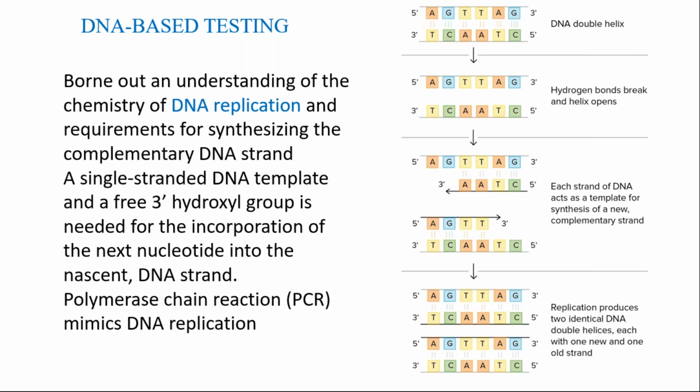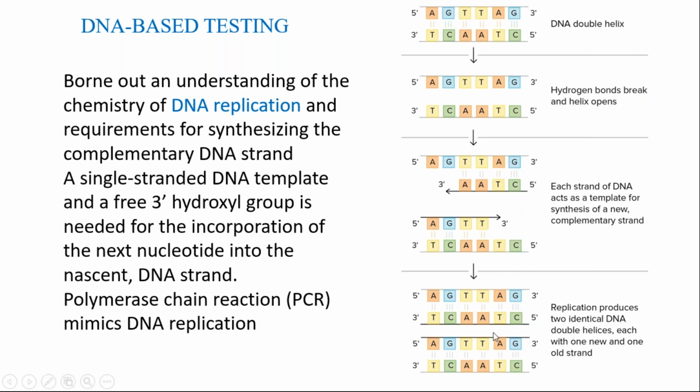So the polymerase chain reaction actually mimics the DNA replication. If you look at this DNA double helix, in the first denaturation step, the hydrogen bonds break, and then each strand of DNA acts as a template for a new strand.